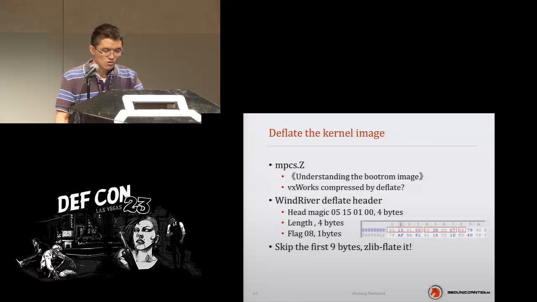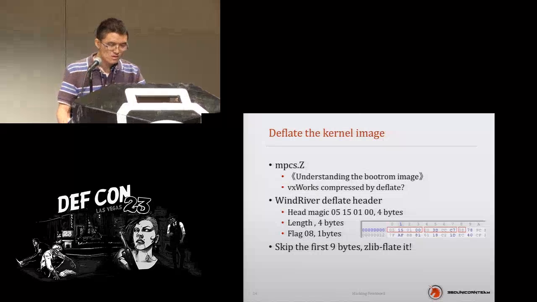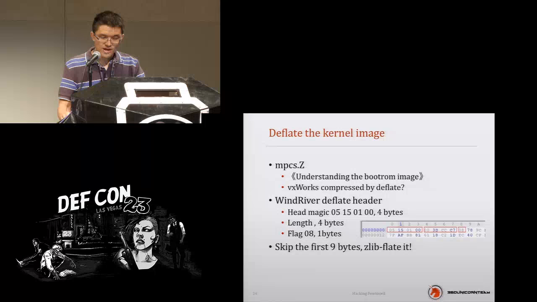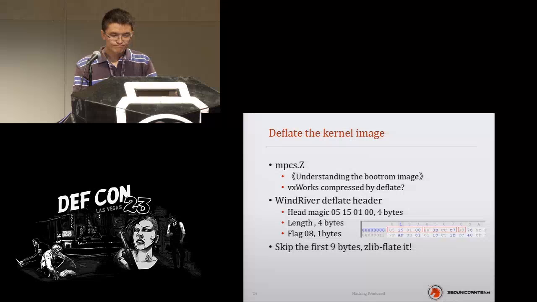And I verified that this length plus 9 was equal to the file length. And after we skip the first 9 bytes, just use a tool, the Deflate, to decompress it.